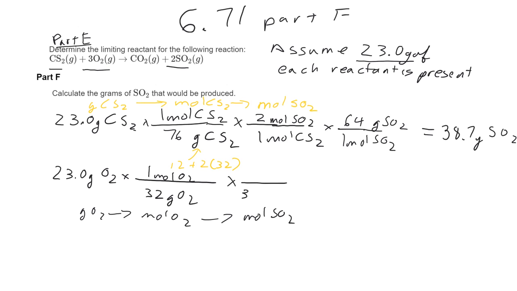According to my chemical equation, for every 3 moles of oxygen I have, I can produce 2 moles of sulfur dioxide. And for every 1 mole of sulfur dioxide I have 64 grams of sulfur dioxide.